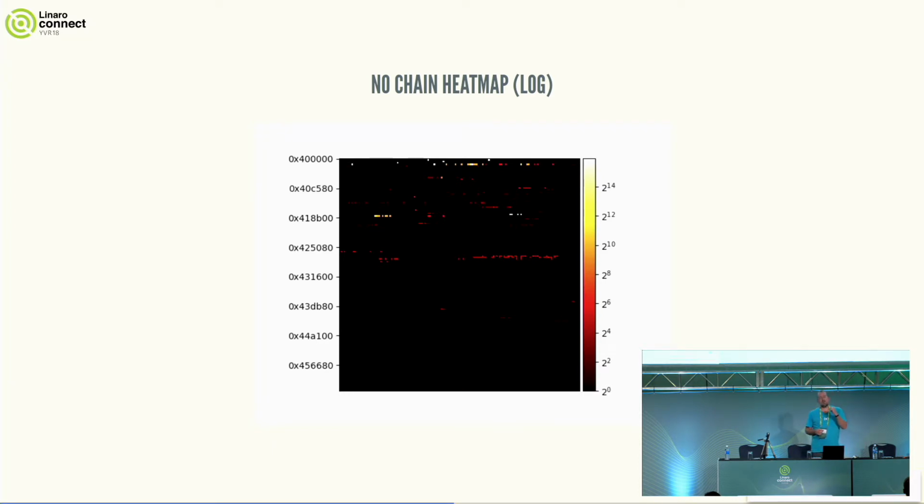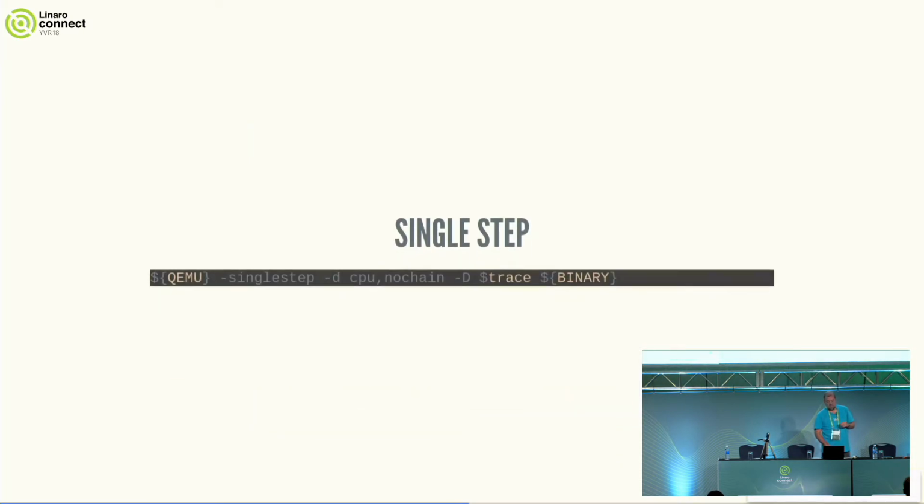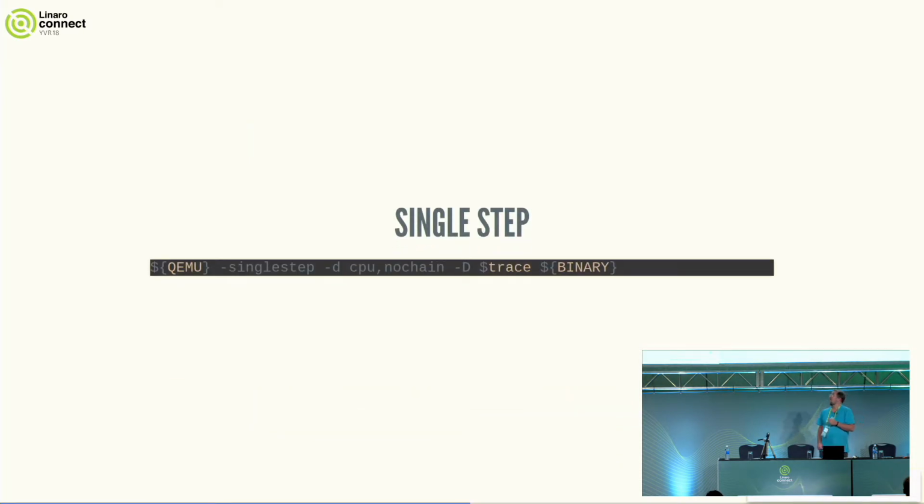But these program counters aren't exactly every single program counter that's being executed. They're actually the first program counter of each executed translated block. So what we could do is turn on single stepping in QEMU, and single stepping just limits the number of instructions in each translated block that we run to a single instruction, and we can collect our log that way, and you will need space because the file is huge.